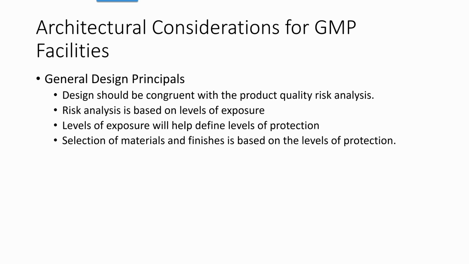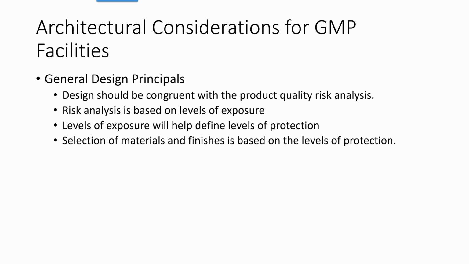Well, let's go over some of these design principles. The first is design should be congruent with the product quality risk analysis. We've talked a lot about that, how to do that. But if you've identified the risk to product quality specifically with a high level of exposure, basically that will help you define the levels of protection.